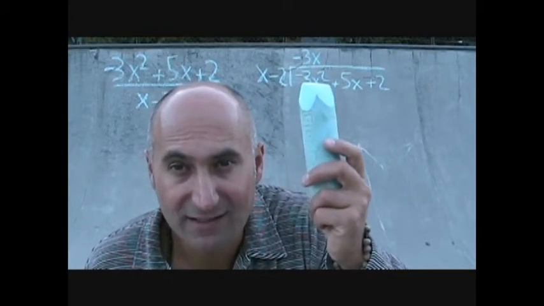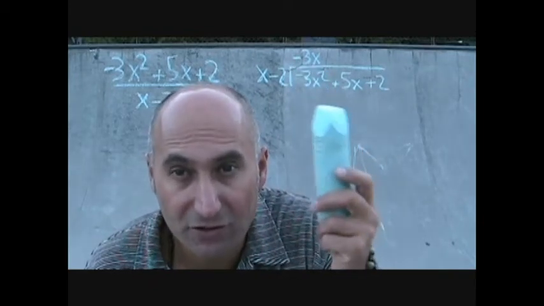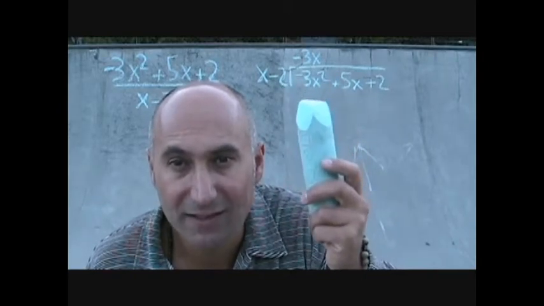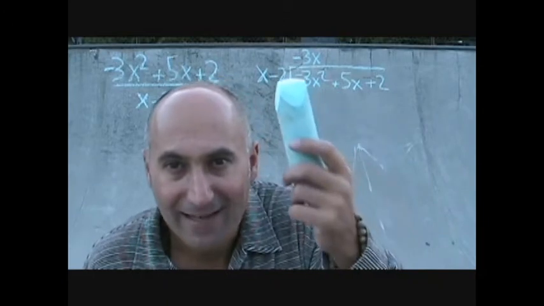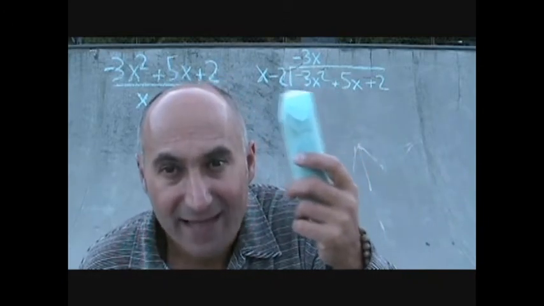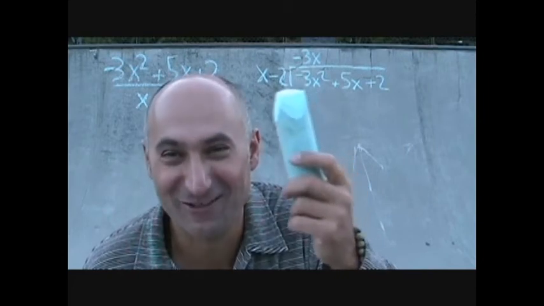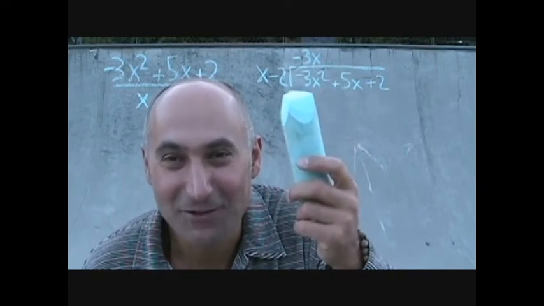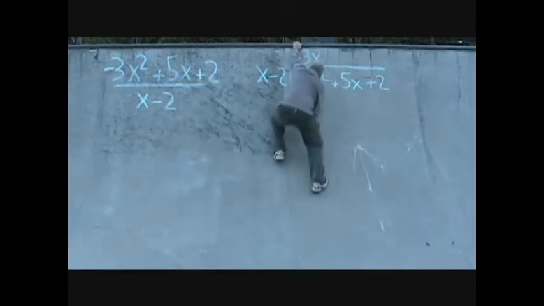That's a positive x, and that was a negative 3x squared, so we need a negative number there to turn it into negative 3x squared. Negative 3x times x is negative 3x squared, which is exactly what we wanted. And negative 3x times negative 2, I'm looking at it backwards so it looks like a 5, is going to be positive 6x.